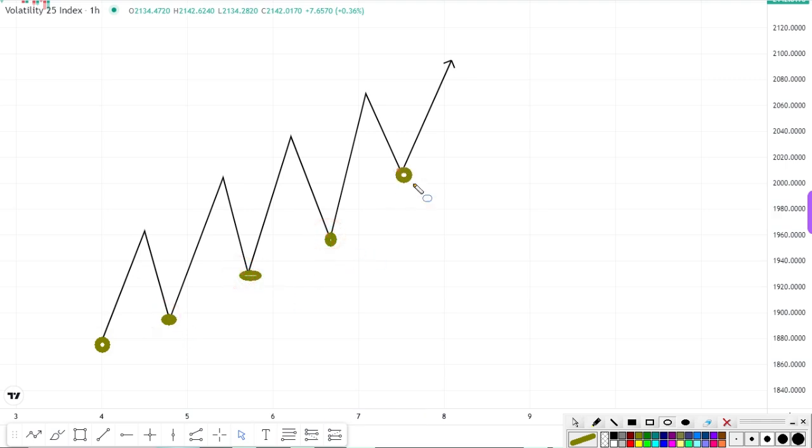Our concept is liquidity sweep. So we want to see the price not just coming back towards this zone, but we want the price to go a little bit below here. That is sweeping. The price should sweep that level.